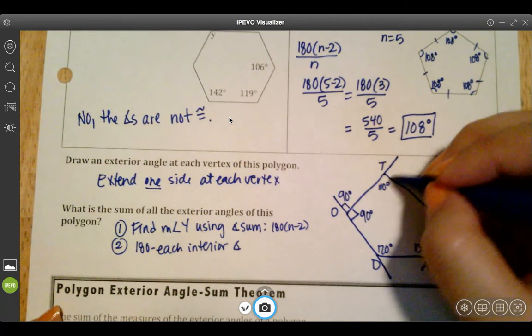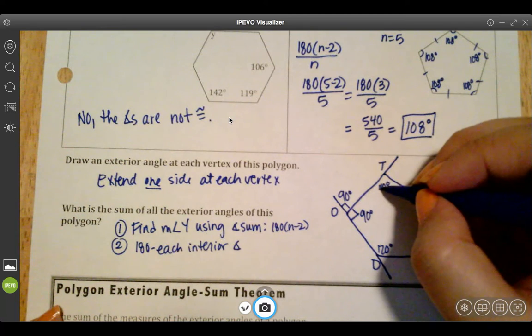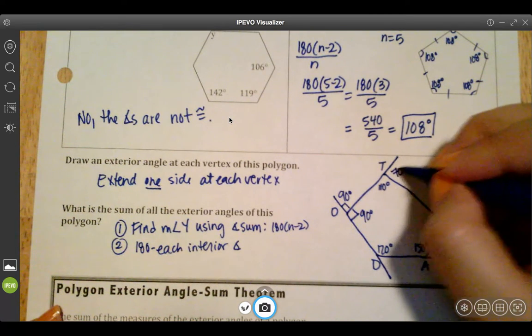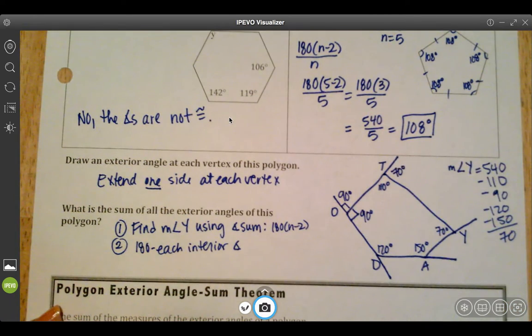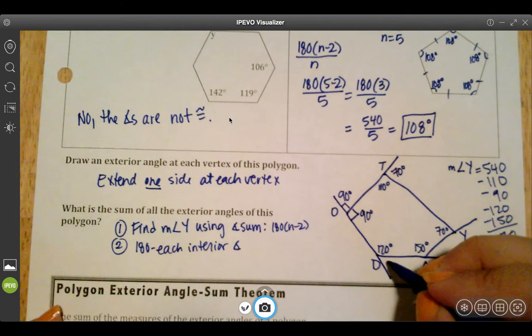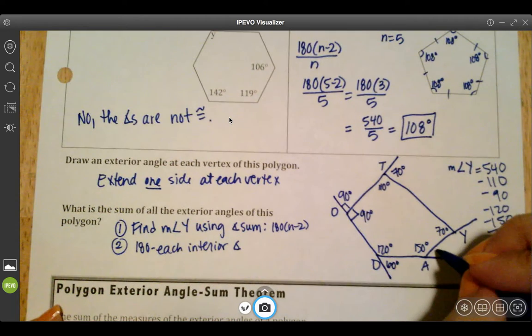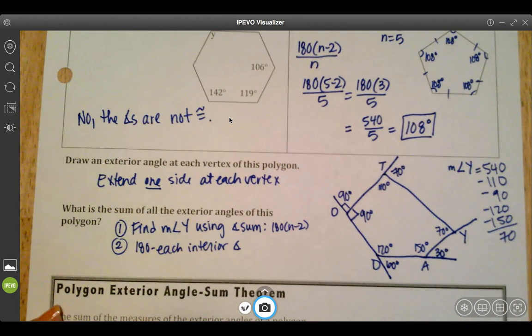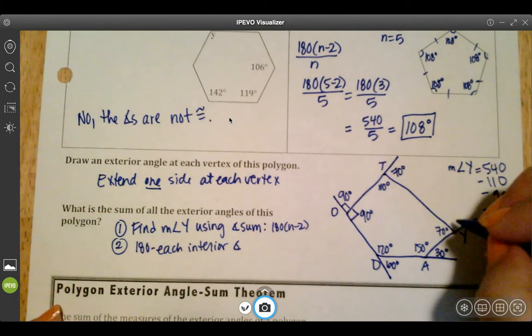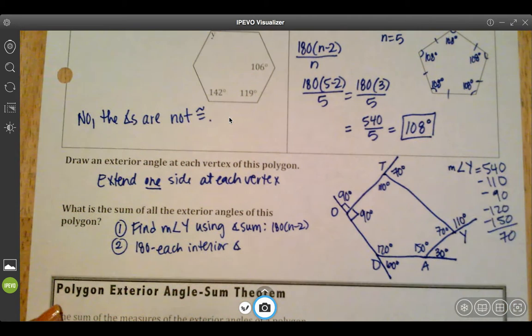Angle T, they have to add up to 180. So 110 plus 70 gives me 180. 120 plus 60 is 180. 150 plus 30 is 180. And 70 plus 110 is 180.